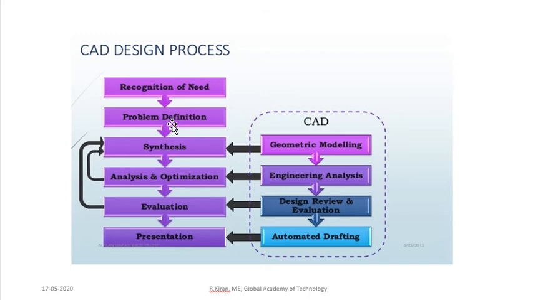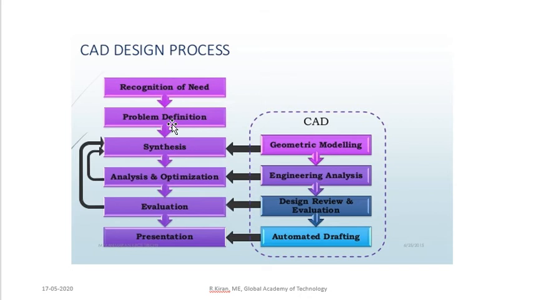Once the model has been created, if we want to change the shape of the component, that can be done by reverting back to the synthesis phase. Hence the analysis and evaluation stage is always connected to the synthesis phase, so that any changes can be incorporated.